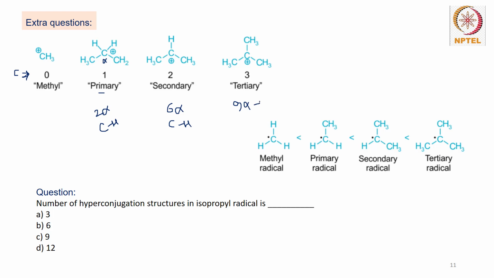Now, as we have shown by this hyperconjugation structure, this C-H bond can get involved in resonance with this vacant p orbital. So this will come here and we will get this type of structure.